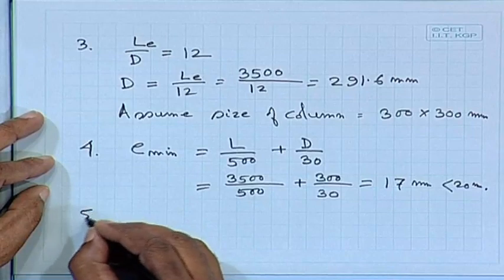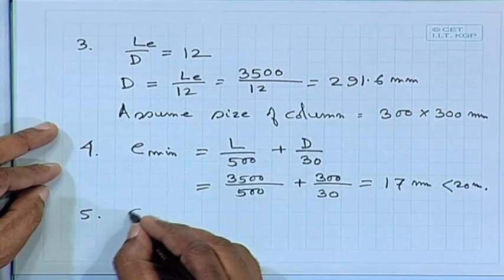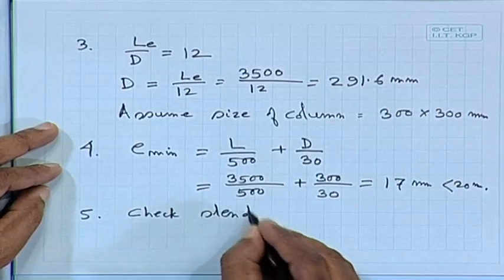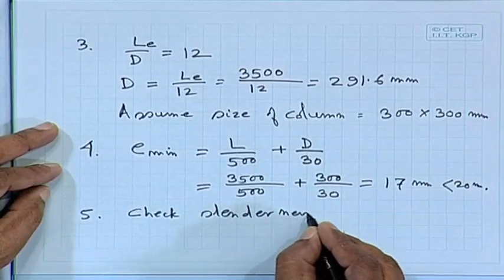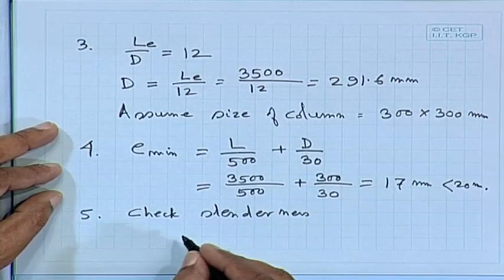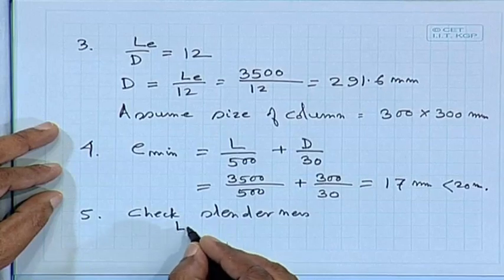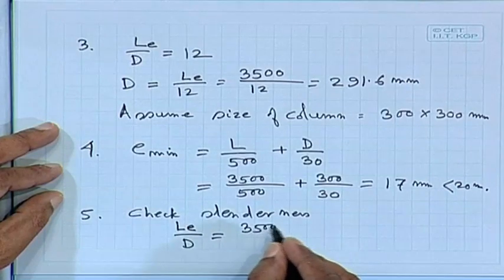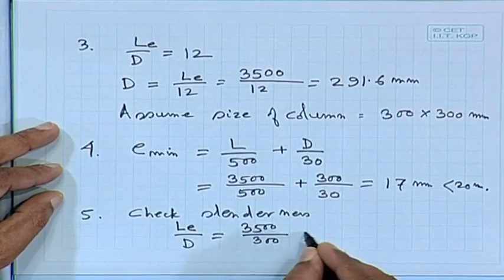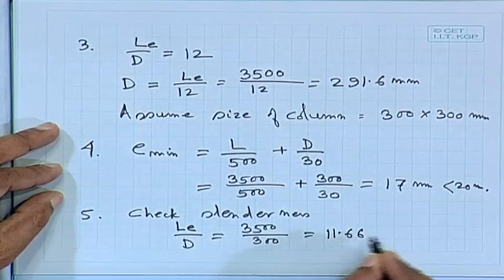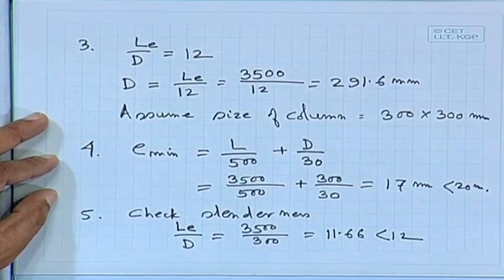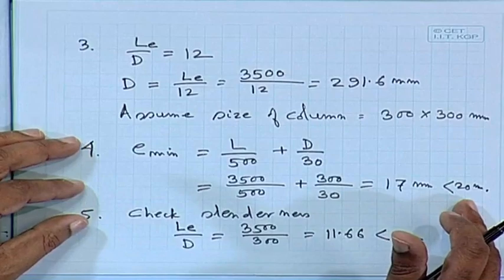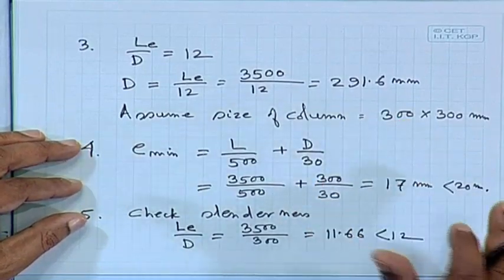And let us check the slenderness. LE by D equal to 3500 by 300, which comes as 11.66, less than 12. So, this is a short column, and eccentricity is also less than 20.